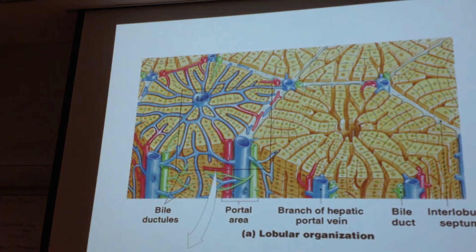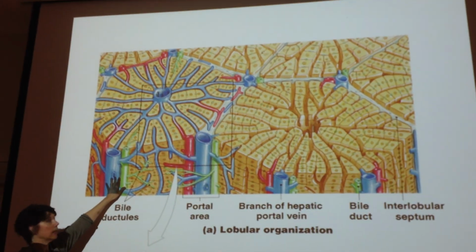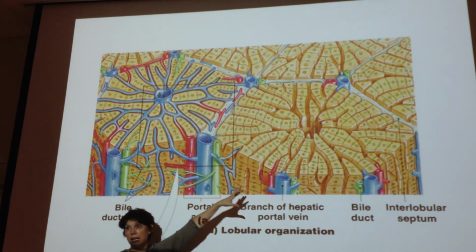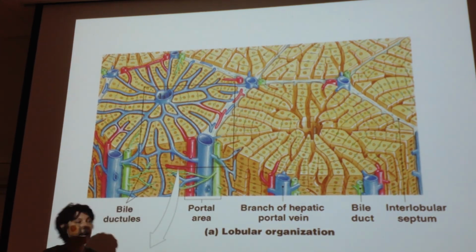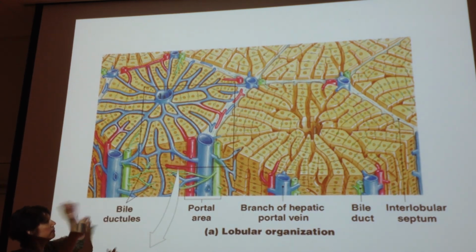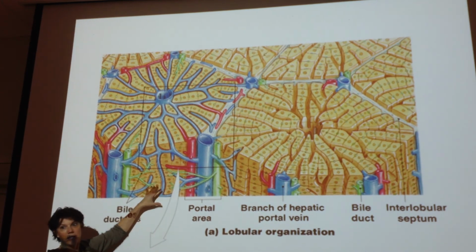And so each corner is going to have a portal vein, hepatic artery, and it will share that corner with three other lobules. Okay, since they're six-sided, they come together. And along the sides of this hexagonal grouping, each will send out branches.